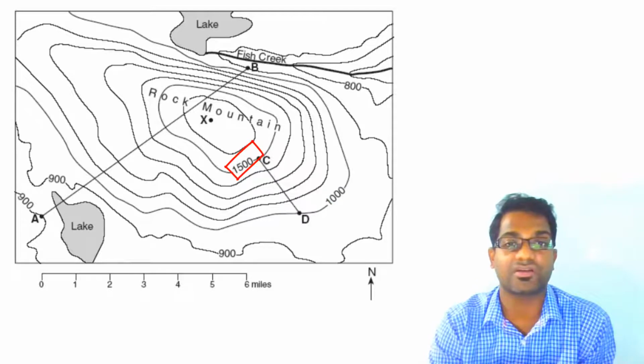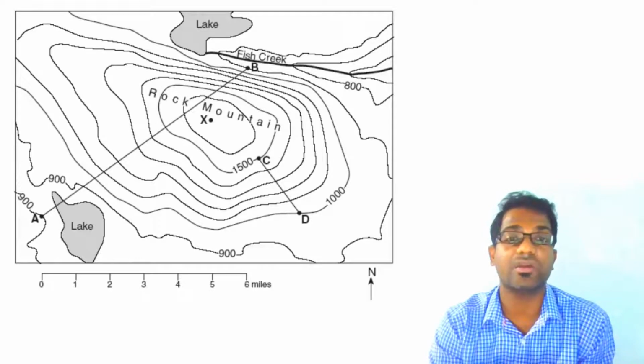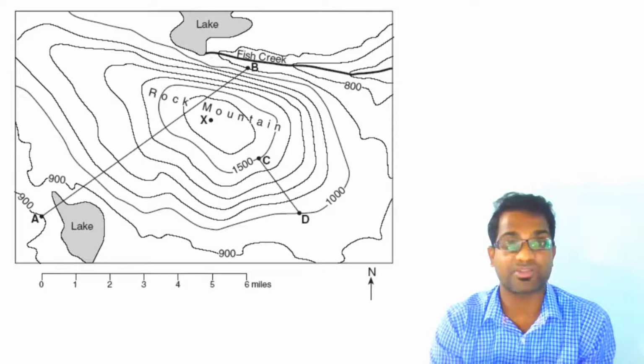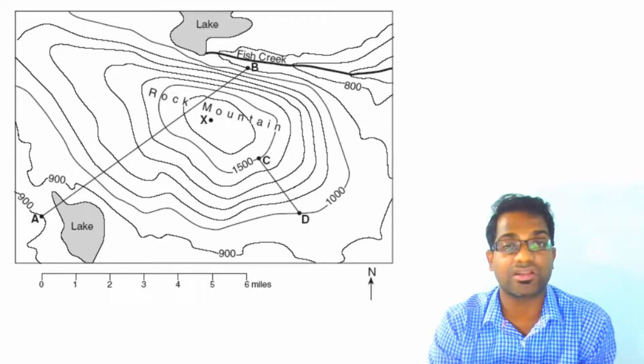Similarly 1500. 1500 is a line along the ground where the height is 1500 vertical distance from the mean sea level. This represents an actual scenario of ground terrain. If you closely observe the contour lines, you can see these values are increasing inwards, which represents a hill.